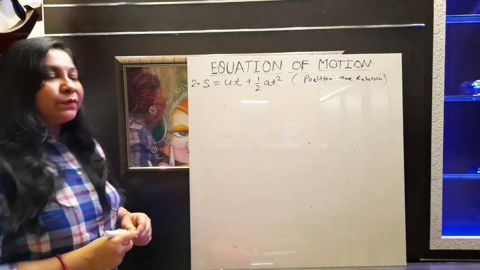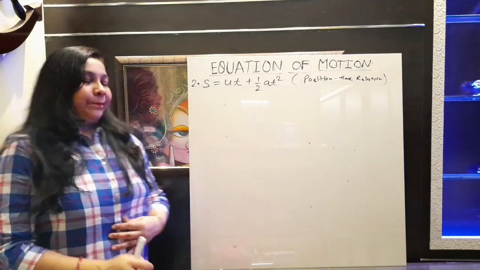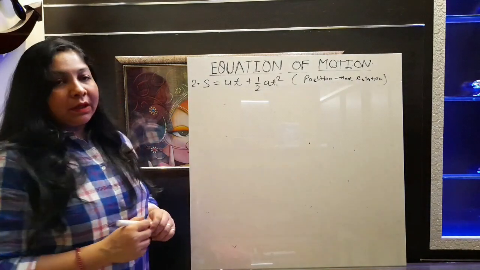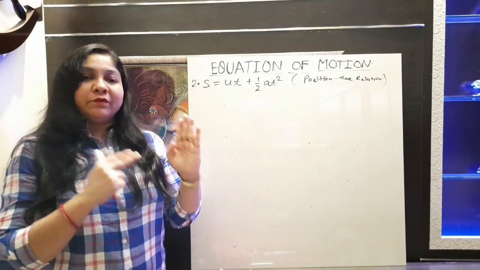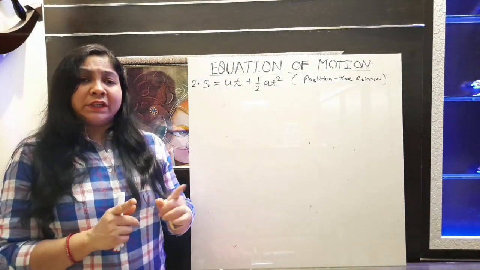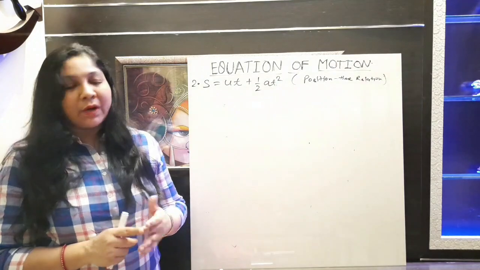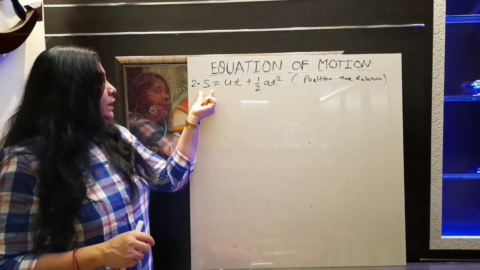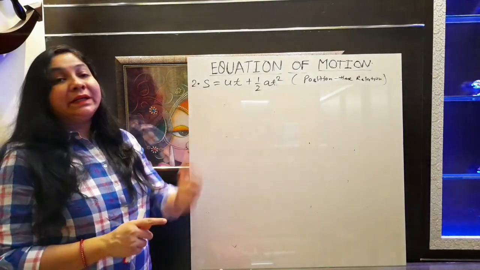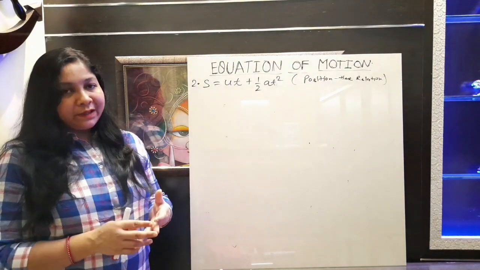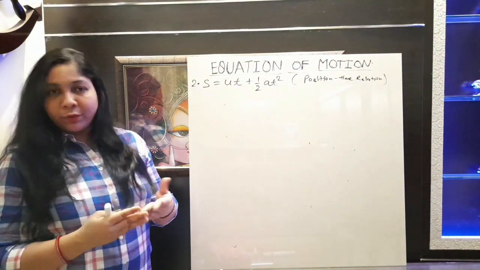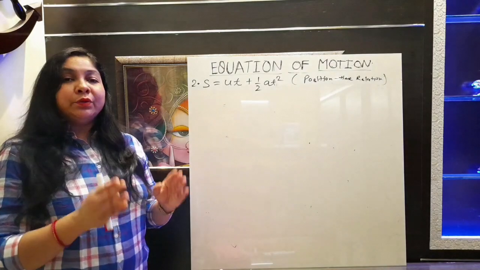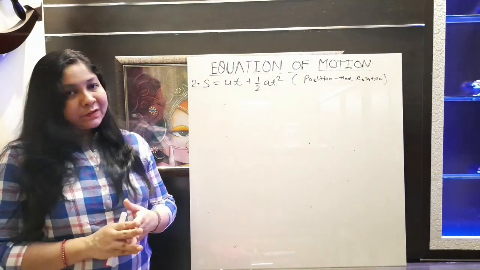In this velocity time graph which we are making here, from the velocity time graph you will get acceleration, no doubt, but here we are seeing there is one more term, that is distance. In any graph we are not getting distance. If you are taking a distance time graph, then only there will be distance, but if we are using a velocity time graph, then there is no distance there.